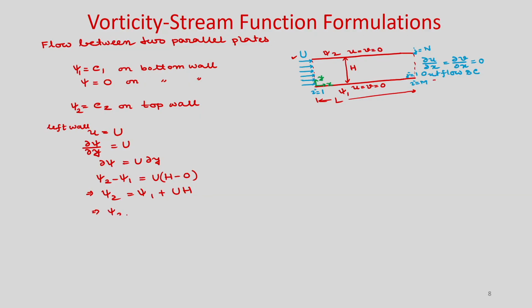So, if you consider psi 1 as 0, then psi 2 will be u h, considering psi 1 is equal to 0. So, in terms of discretized boundary condition, you can write psi.